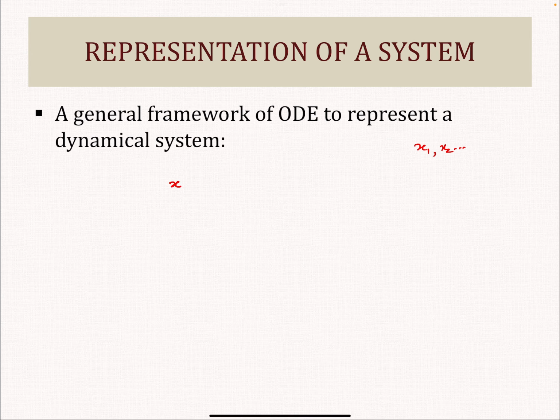On the left hand side we can use x1 dot, which is one variable, and it is some function f1 of the other state variables. Similarly x2 dot may be another function f2 of the state variables.